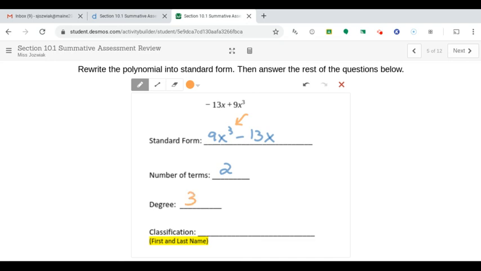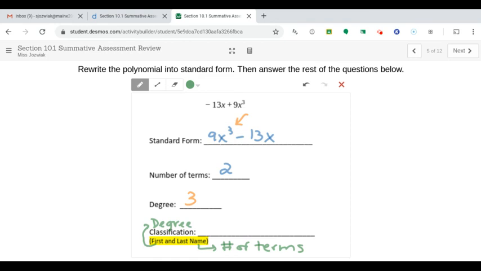And then we need to classify this. So we need a first and a last name. Remember that your first name talks about the degree of your polynomial. And then your last name talks about the number of terms. So when we look at this one, for the first name, we need to look at the degree.